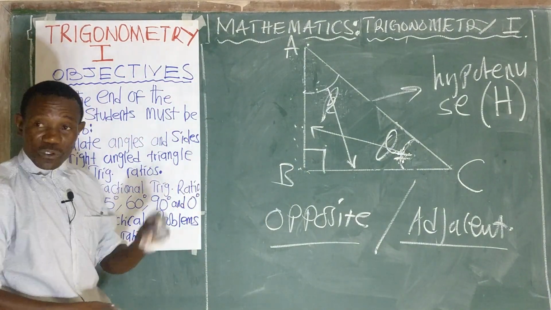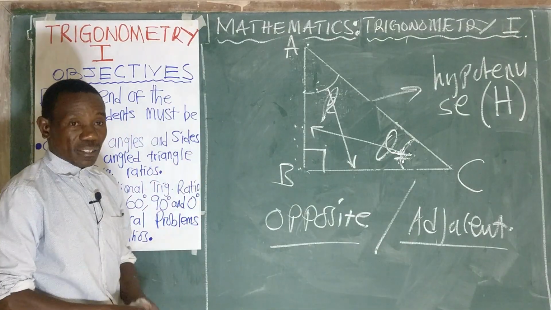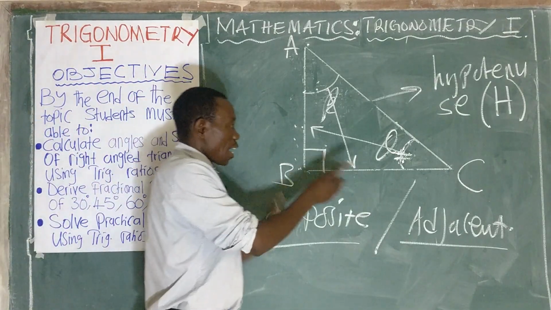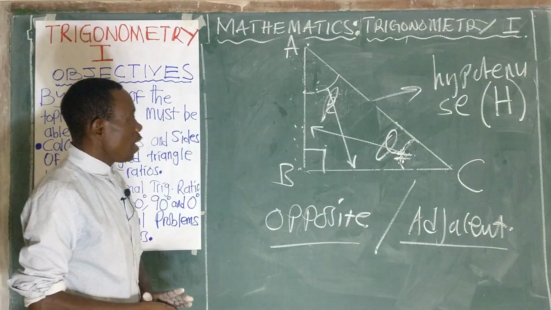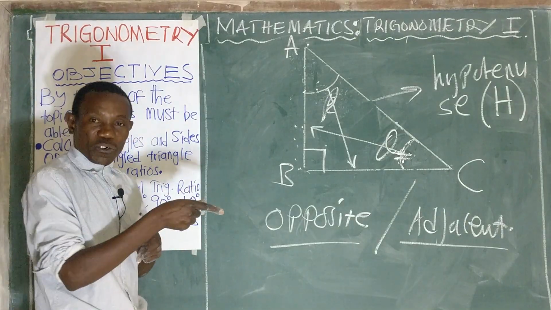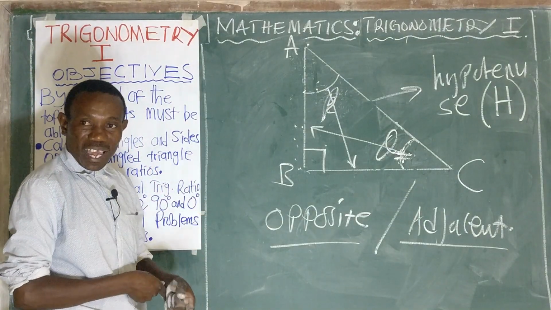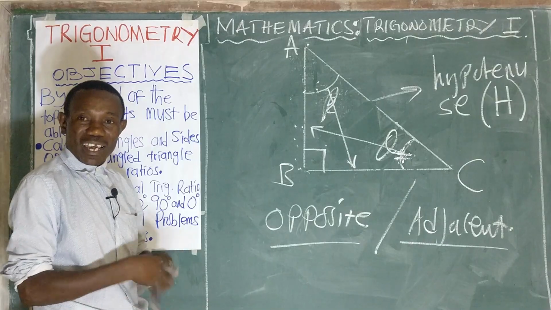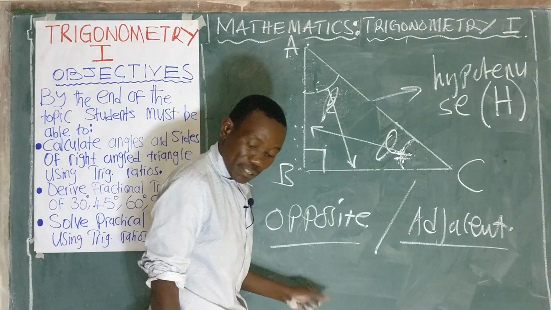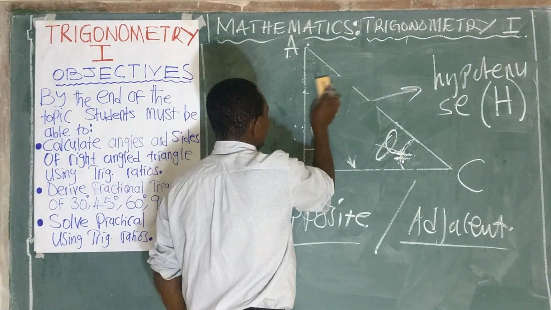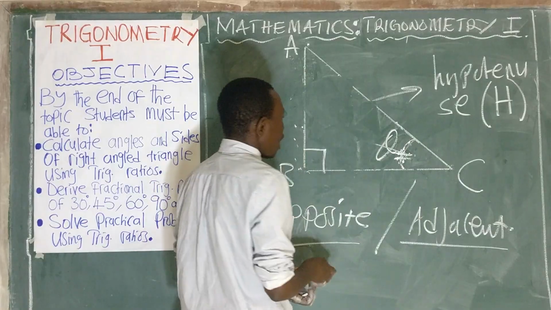What angle are you considering at a particular instance? Now, the remaining side is just adjacent to a given angle, and that side is defined as the adjacent side. So in this case, let me consider angle theta.